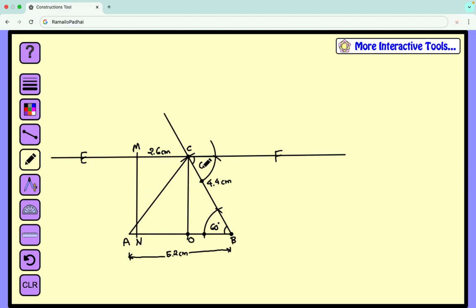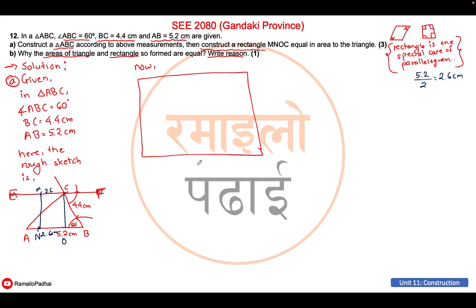Okay, this is how we construct the required figure or required diagram. This is the required construction where triangle ABC has equal area with rectangle MNOC.